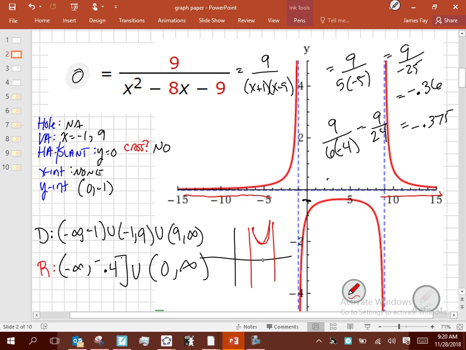Let's say I evaluate that thing, and it gave me like 0.31. So we got like 0.31, and it asks me to round that to the nearest tenth place. It's 0.3 now, right? Well, is 0.3 a range value?